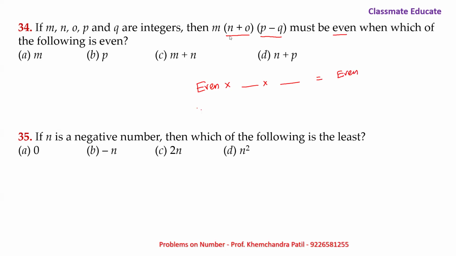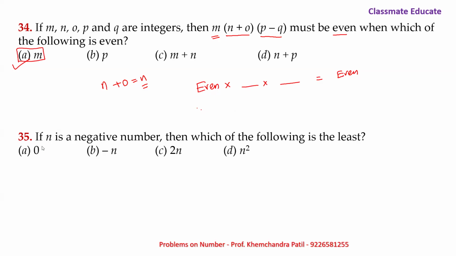So if you look at this expression, if the value of M is even, the whole expression will be even. Even if N's value had been given as even, because N plus 0 is nothing but N. Since we have been given M in option A, that is your answer.